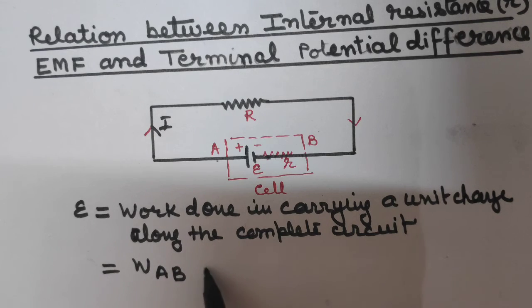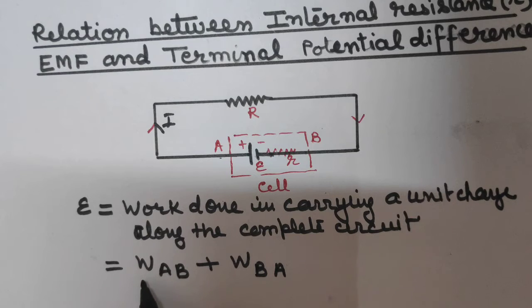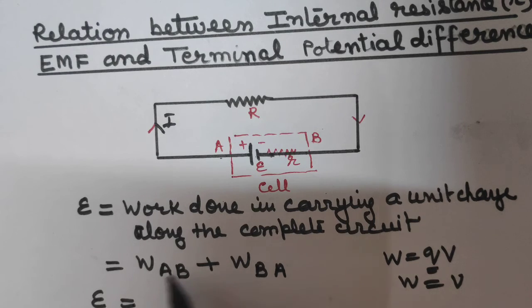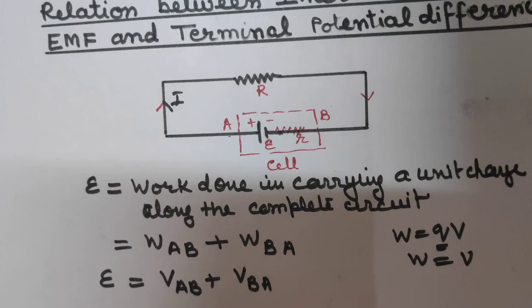For unit charge, W equal to QV, so W equal to V. So we can write E, the EMF, equal to V_AB plus V_BA, or V plus, suppose, V dash.